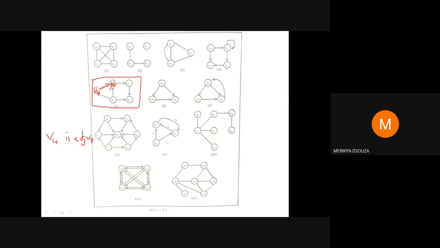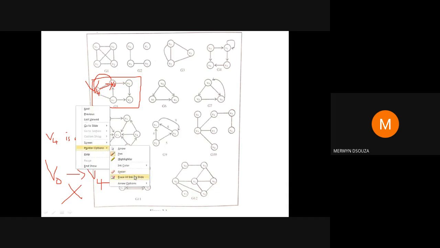But I do not have any edge going from V0 to V4. Therefore, I cannot say that V0 is adjacent to V4.